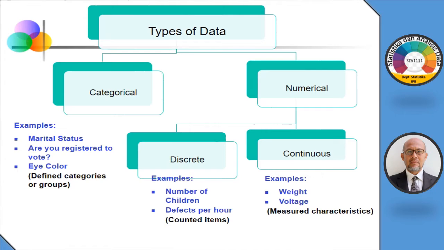While numerical data, discrete as a part of numerical data, for example, number of children, 1, 2, 3, 4. This is discrete. Another example, for continuous, is weight and voltage. For number of children, there is no 2.5 or 3.5, the difference from continuous.